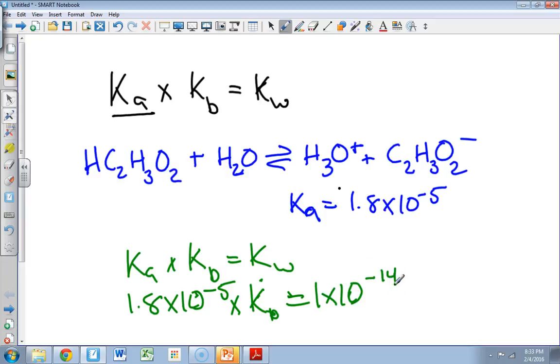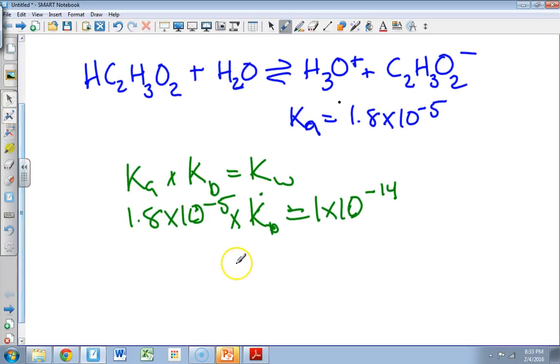Now we divide 1 times 10 to the minus 14 by 1.8 times 10 to the minus 5, and we get Kb equals 5.56 times 10 to the minus 10.